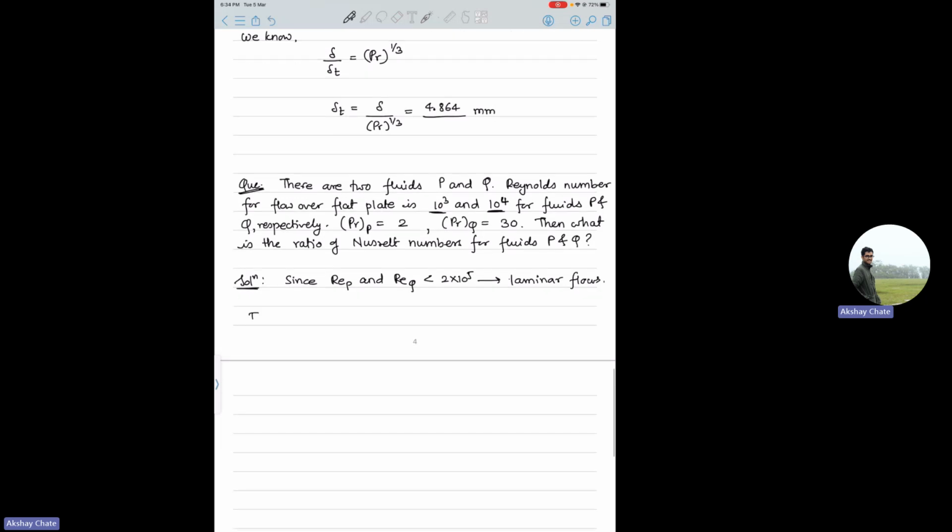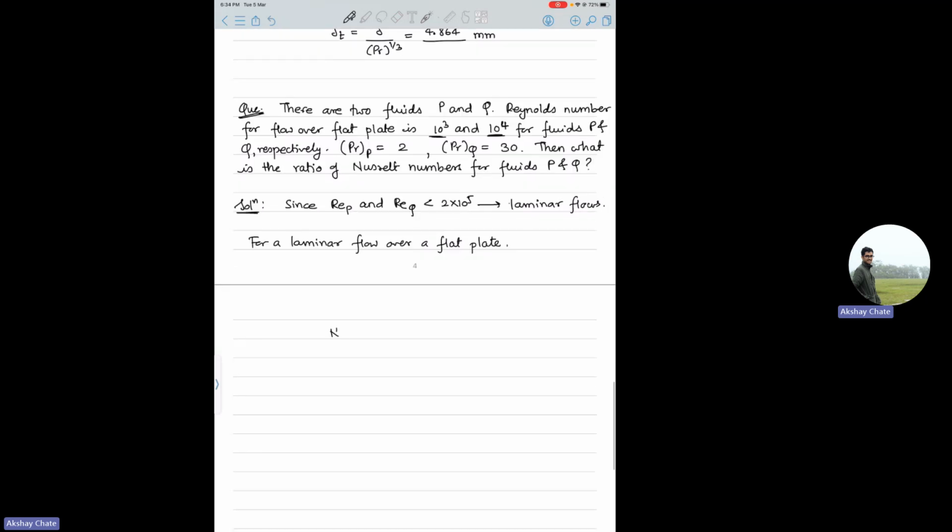And for laminar flow over a flat plate, we know that the average Nusselt number is 0.664 Re to the power 1/2, Pr to the power 1/3, right?